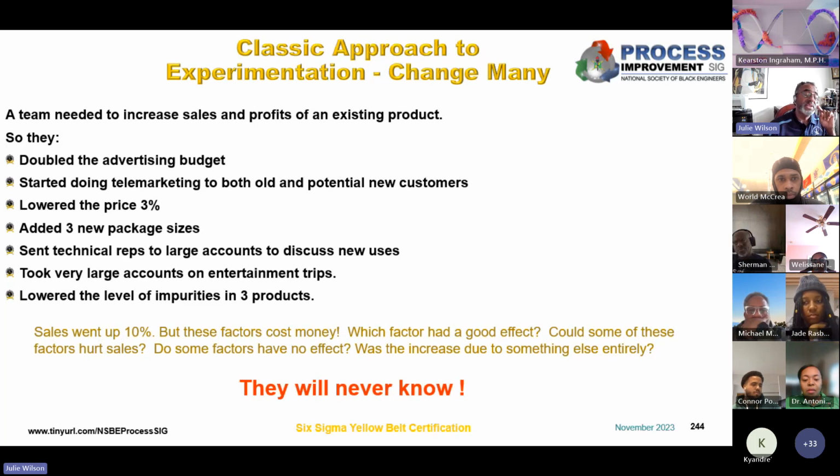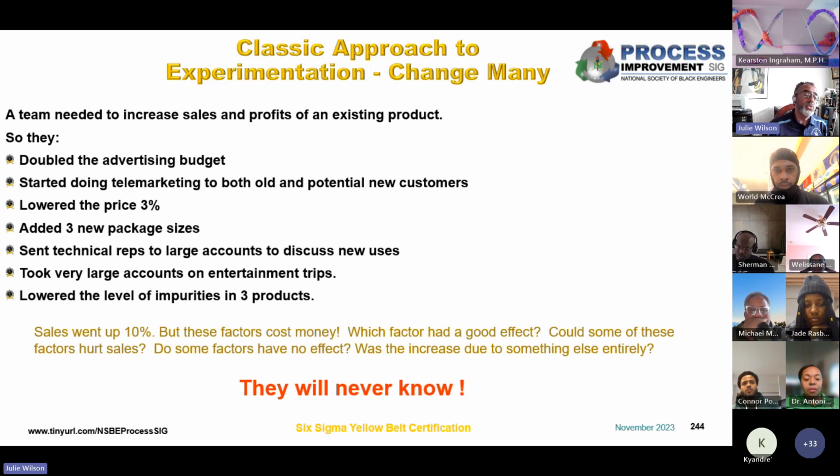Now, you could have designed an experiment where you took into account 7 different factors and statistically set up the combinations of changes in such a way that you could then determine which of these factors, or more importantly, which combinations of factors impact sales, such that you could have determined that, hey, actually, if we increase the advertising budget by 22%, if we lower the price by 2%, and if we actually increase the quality by lowering the level of impurities by 5%, then sales would be predicted to go up by 37%.